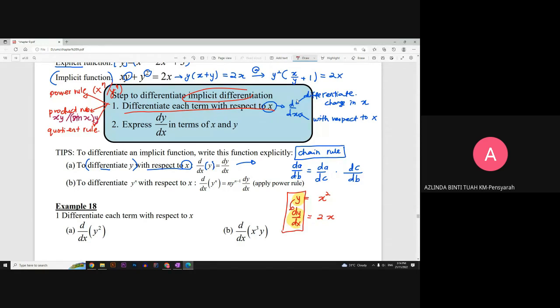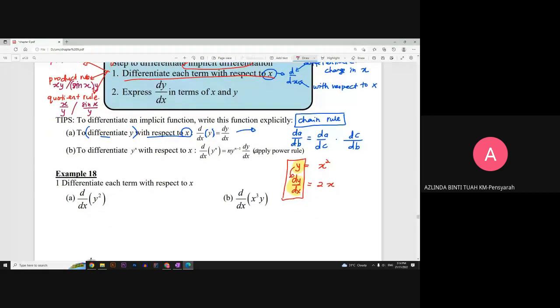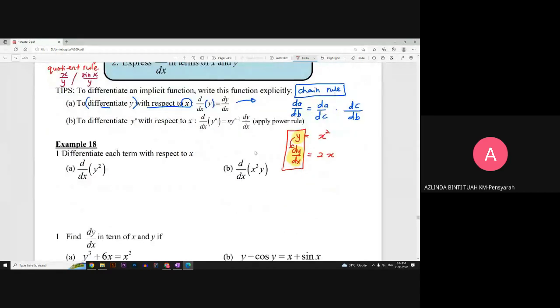Or you have to apply the quotient rule whenever you have two terms, two variables, or two functions divided by each other. Okay, ini ada 3 common rules yang kita akan apply along the way untuk menjawab soalan implicit differentiation. Okay, as you can see the second note here, they apply the power rule.